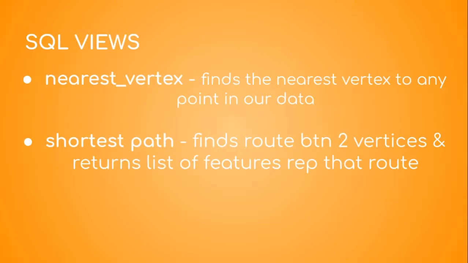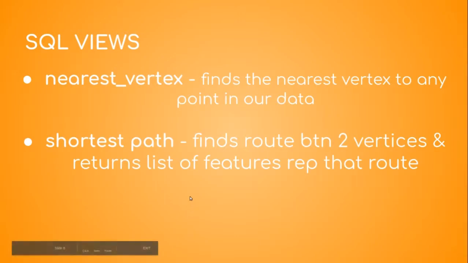Next, we'll be creating these SQL views. Another thing we should know is that these SQL views will be receiving parameters. The advantage of SQL views in Geoserver is that they can be parameterized. The nearest vertex view can receive the point that you want to check against the vertices in your database.